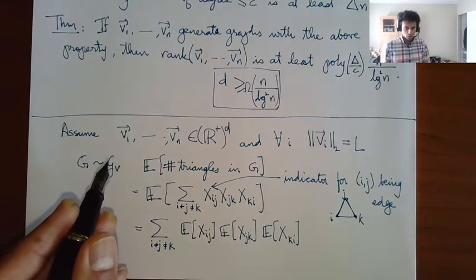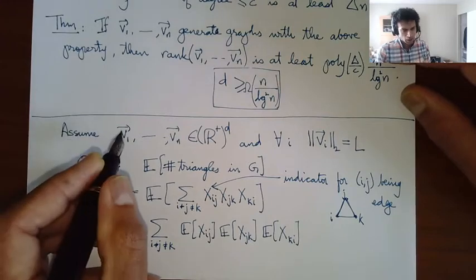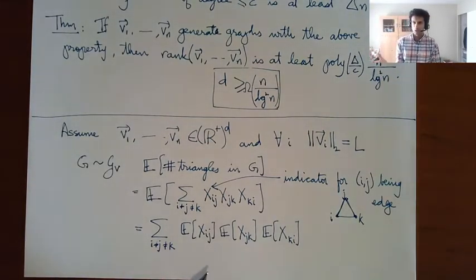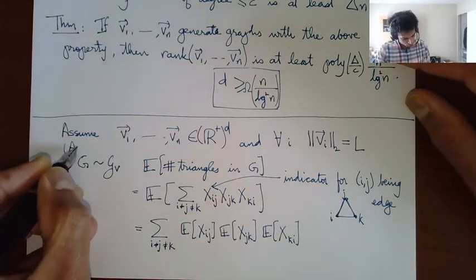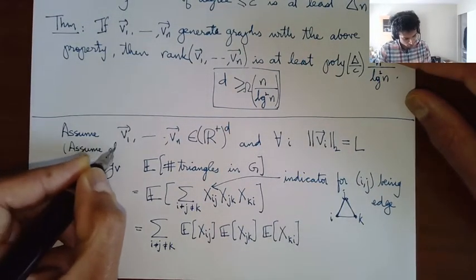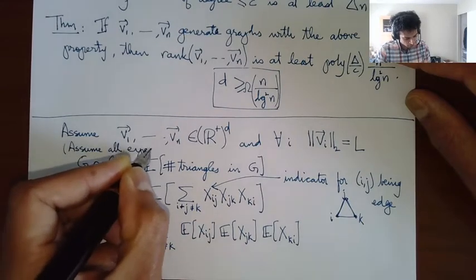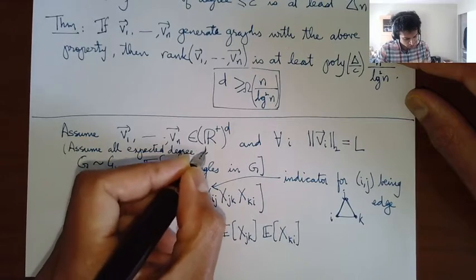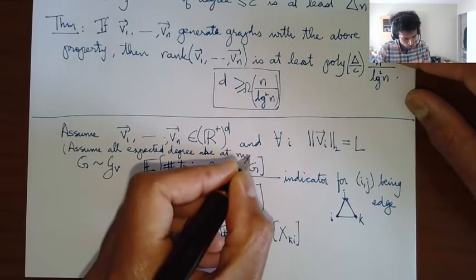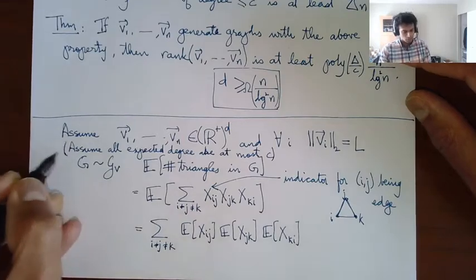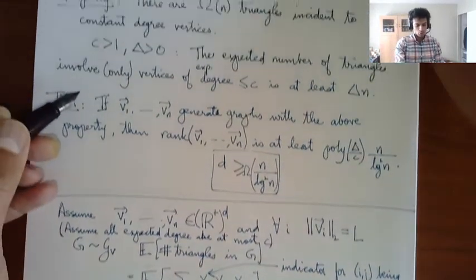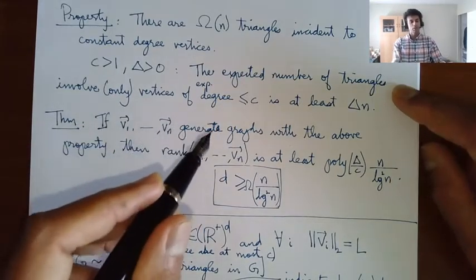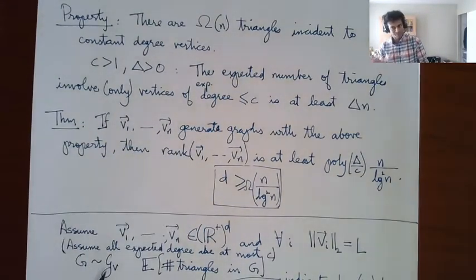What I can do is assume, without loss of generality, that all expected degrees are at most C. Remember, what I wanted was for the expected number of triangles involving only vertices of expected degree at most C to be at most delta n.